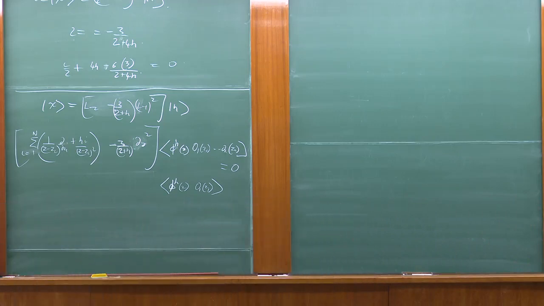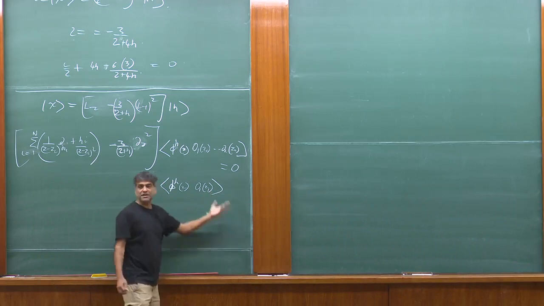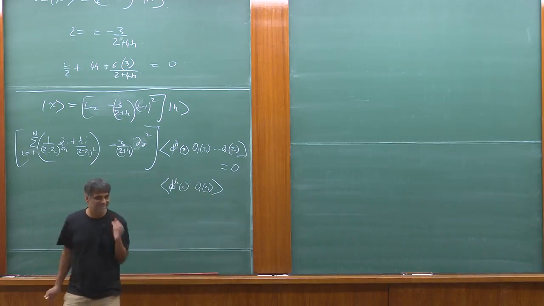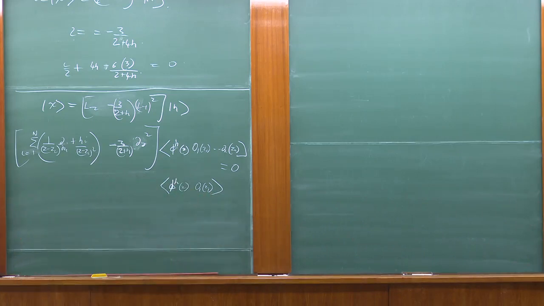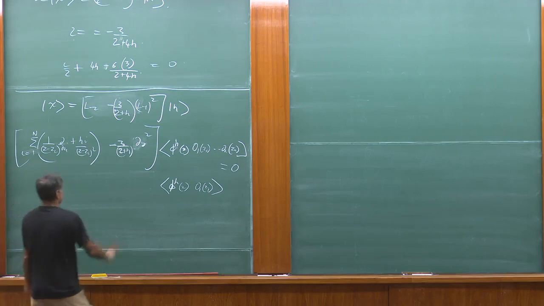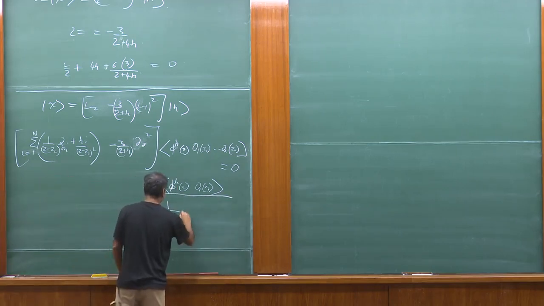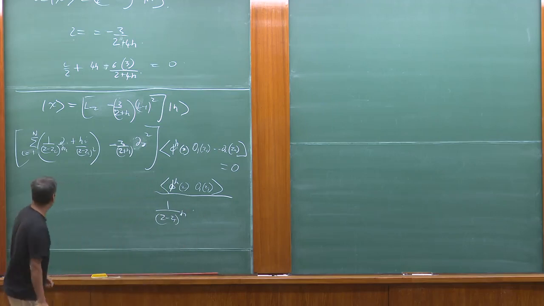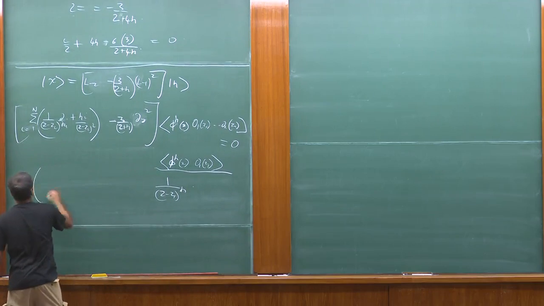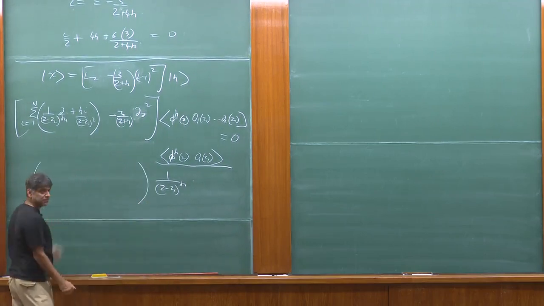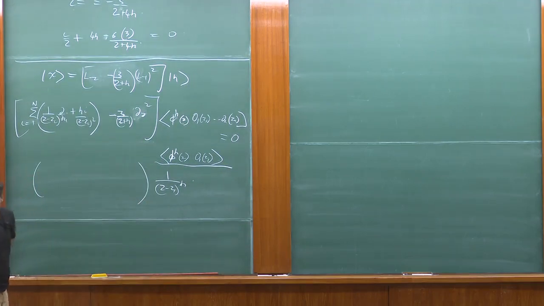If the correlation function is 0, of course the equation is trivial. So let's assume that O1 has dimension h, so that this is 1 over z minus z1 to the power 2h. Now let's look at this operator. This is a very simple operator because the sum over i equals 1 to n is just one term.